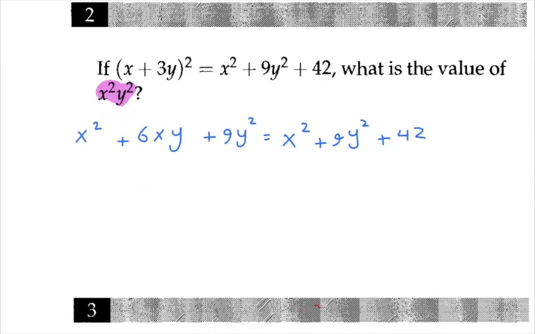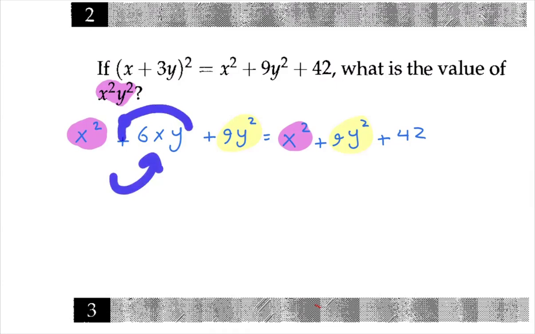If you compare the two sides, you will find here x squared and here x squared, isn't it? Yes. And here we have 9y squared, and here we have 9y squared. That's good. That means the rest of the expression here, or the leftover, which is 6xy, must equal how much? Must equal 42. So the conclusion here is that 6xy equals 42.